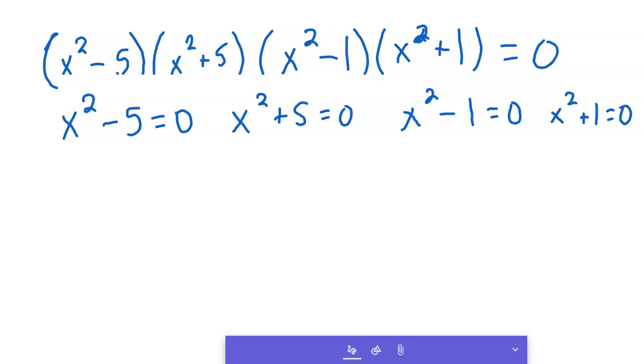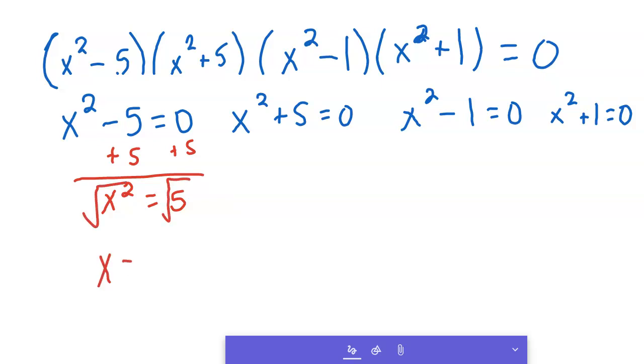If you solve for these, here you'd add 5 to both sides, so x squared equals 5. Then you would root both sides of the equation. In this case, x is equal to plus or minus the square root of 5.